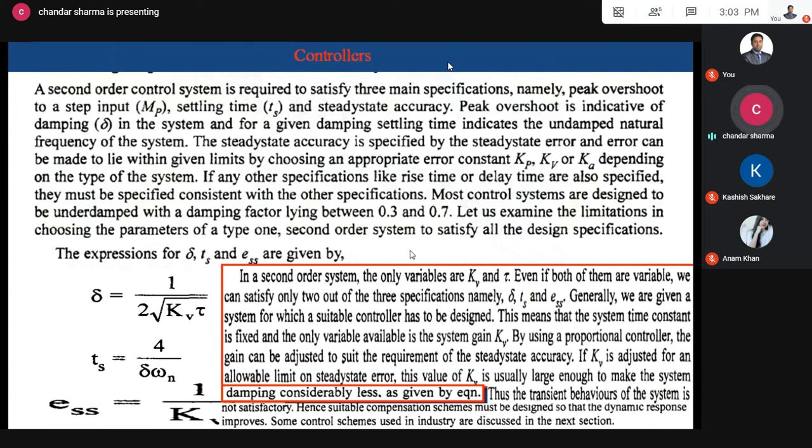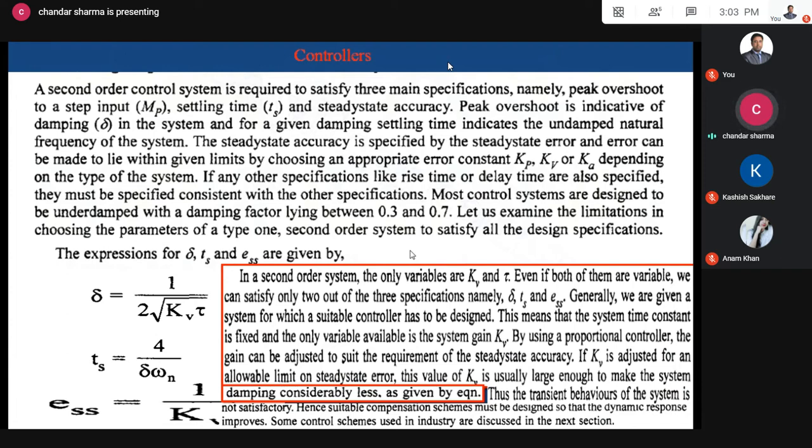The system performance is evaluated from its transient response and steady state response. A system is said to have good transient response if it has a lesser value of overshoot, that is Mp, and lesser settling time, that is Ts.